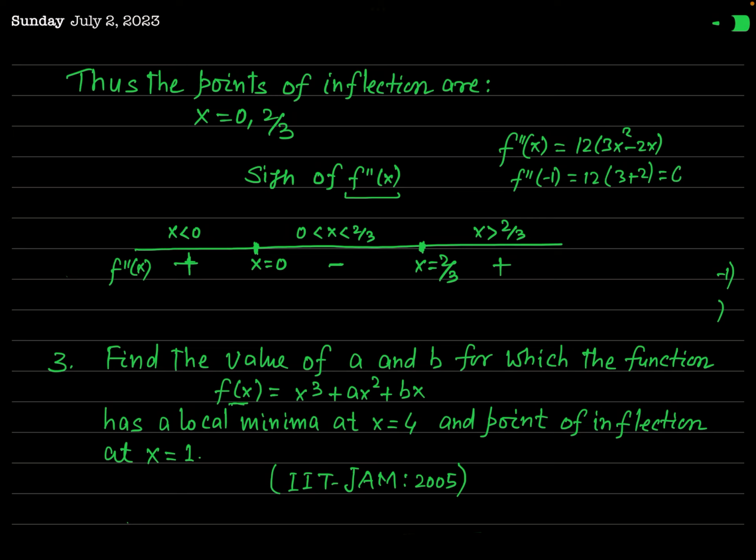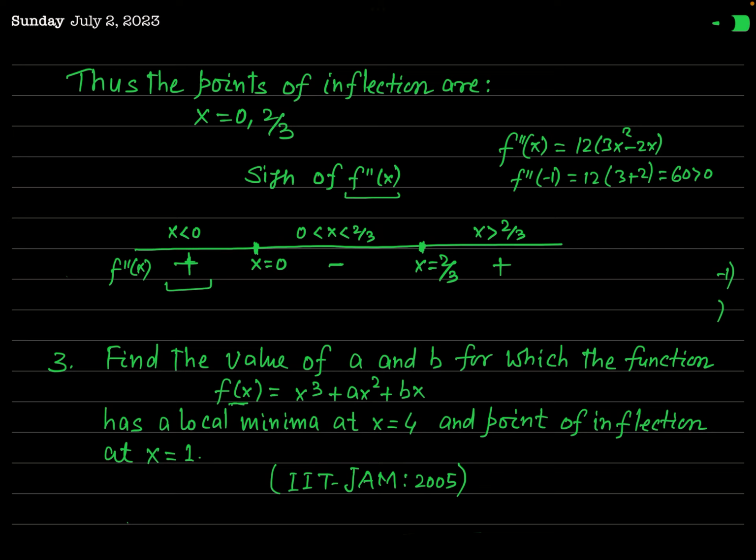And so this is 60, and 60 means greater than 0. So in this region, where x is less than 0, f double dash of x is positive. I have marked it, you can see.